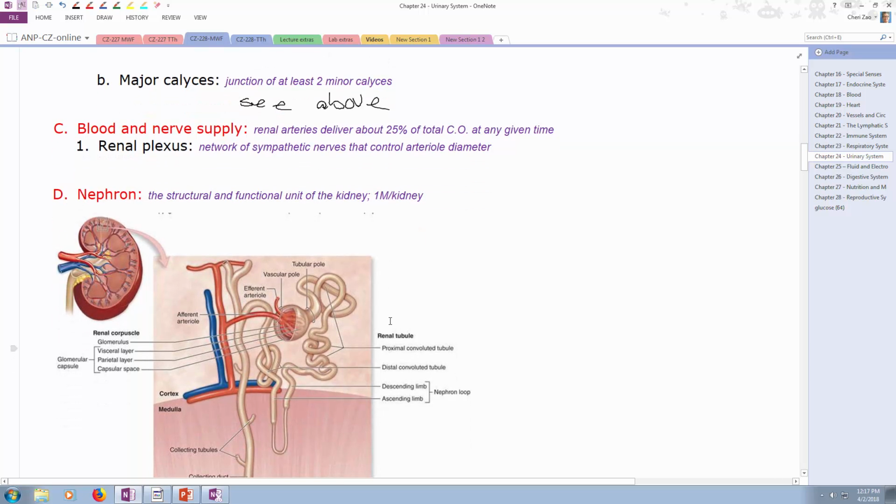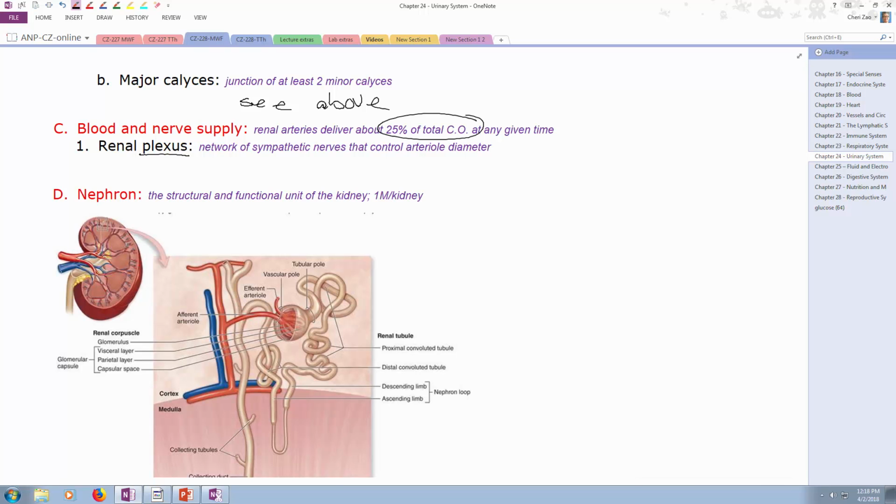Nerve and blood supply. Interestingly, our kidneys receive about 25% of our cardiac output at any given time, those two little beans there. They're actually pretty darn small, but yet getting a quarter of our cardiac output. The nerve supply is called the renal plexus, and you've heard the term plexus before, and that's always associated with our nervous system.